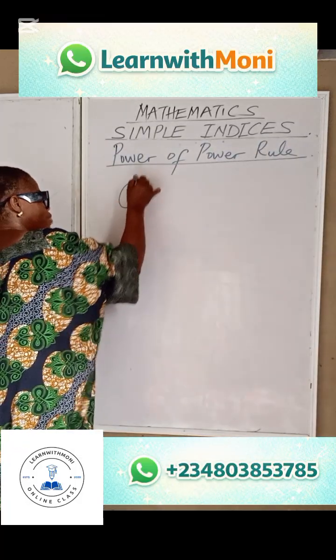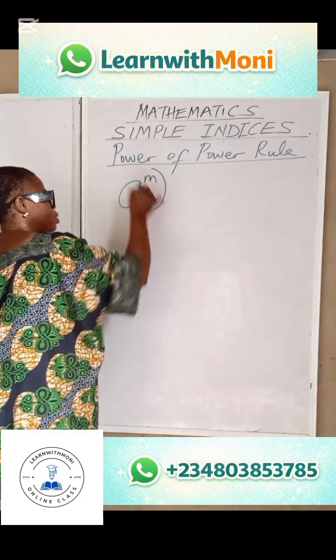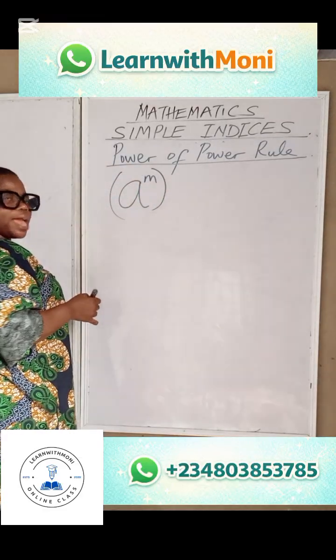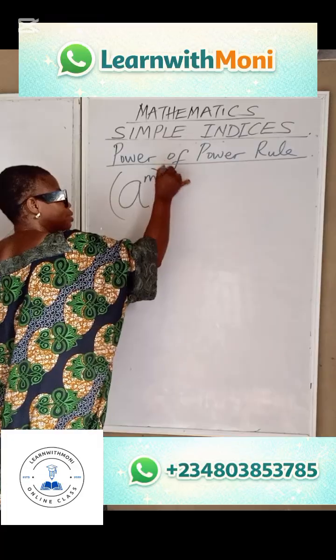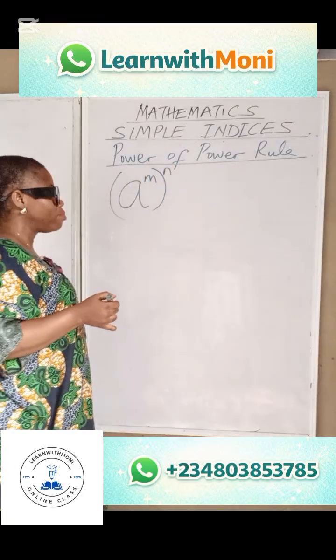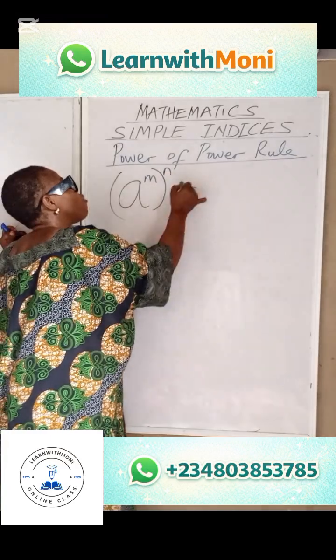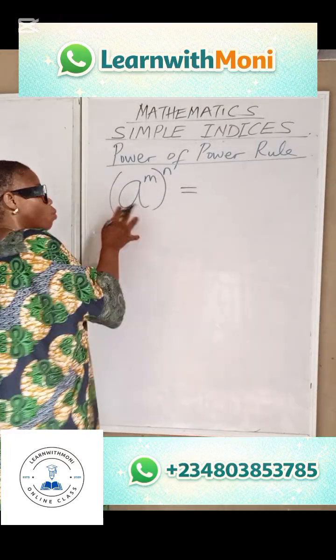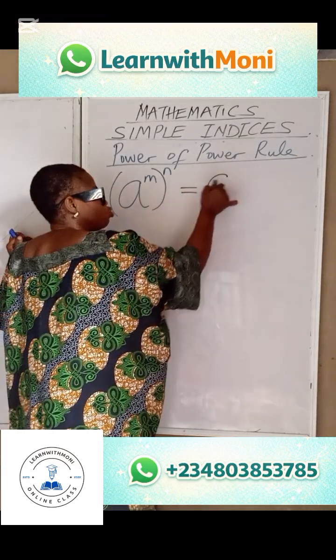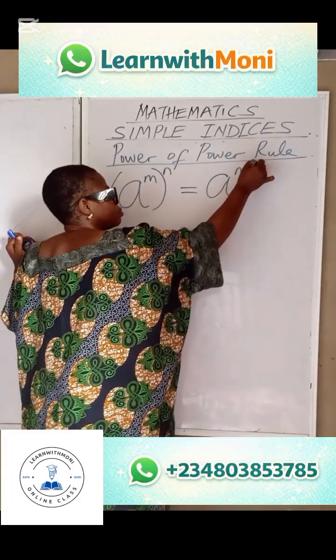Like this, I have A raised power m in a bracket, then everything is now raised power n. This power of power rule says that when you have a situation like this, you should multiply the powers.